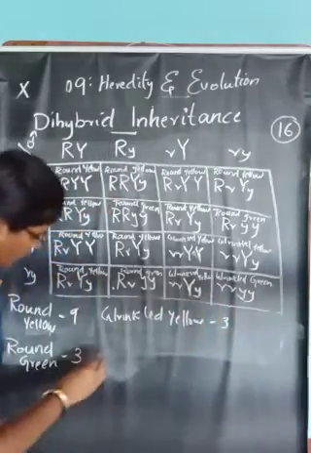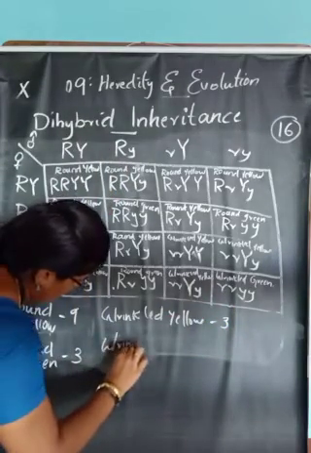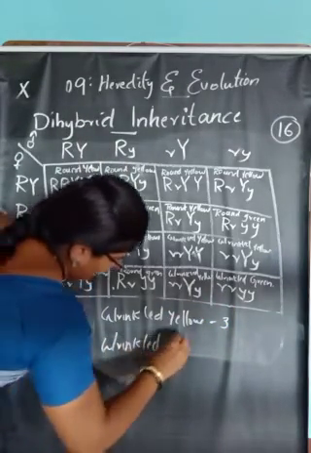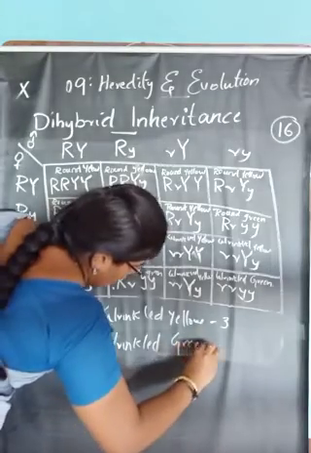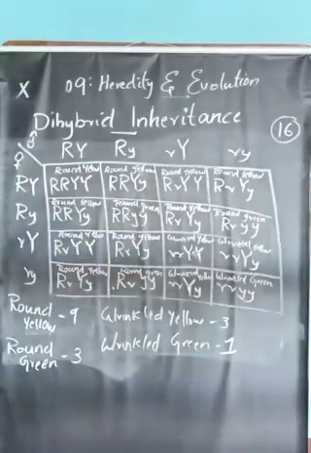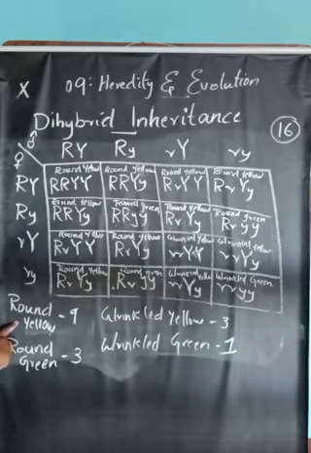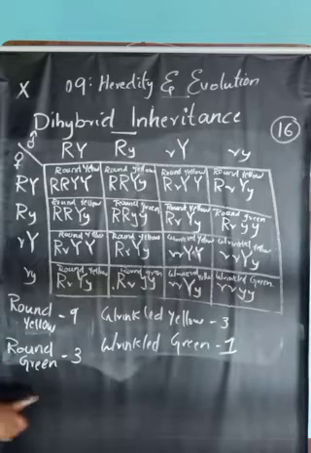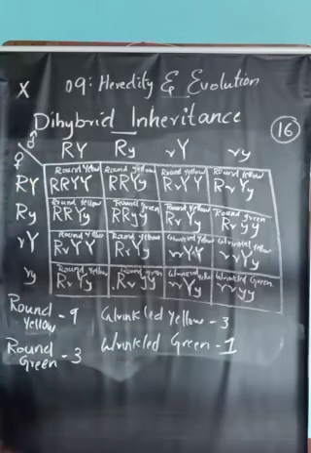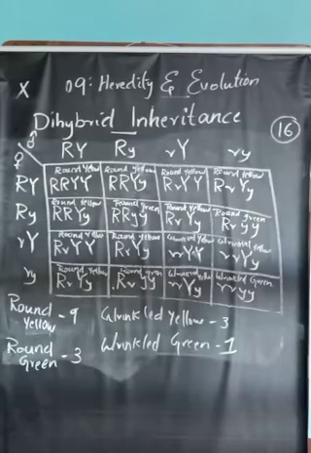Then finally wrinkled green, it is only 1. Okay, so this is the Punnett square representation of the dihybrid ratio. We obtain 9 round yellow, 3 round green, 3 wrinkled yellow and 1 wrinkled green.